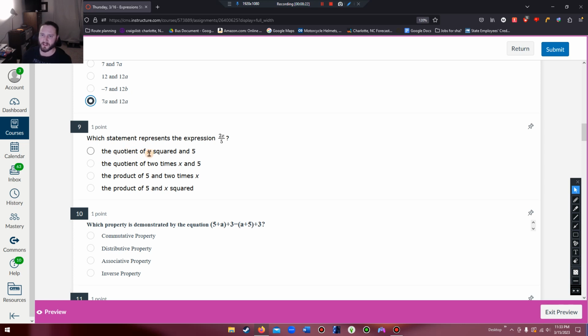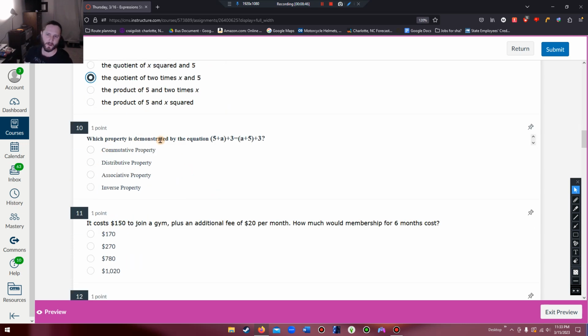So the quotient of x squared, I don't know about you, but I don't see an exponent in here, so that can't be it. B says the quotient of 2 times x, yep, 2 times x, and 5. Yep, that's the one. It's the quotient, so that means division, of 2 times x, that goes up top, and 5, which is on the bottom.